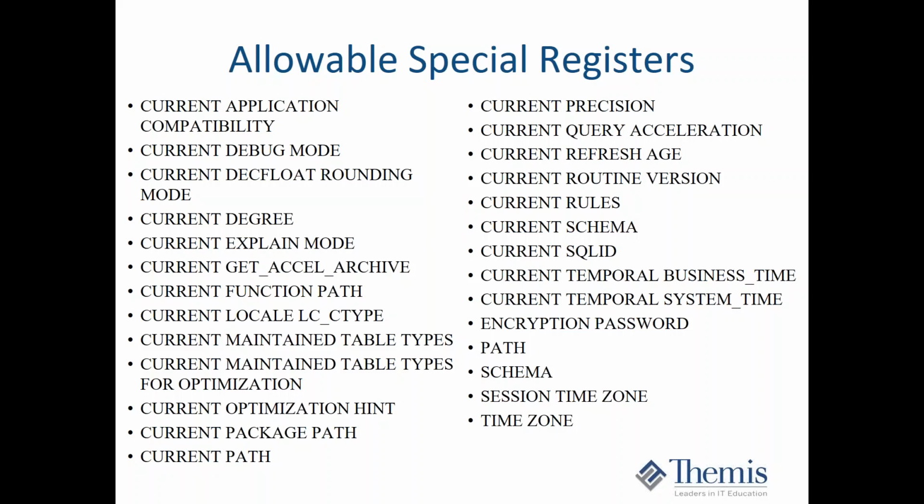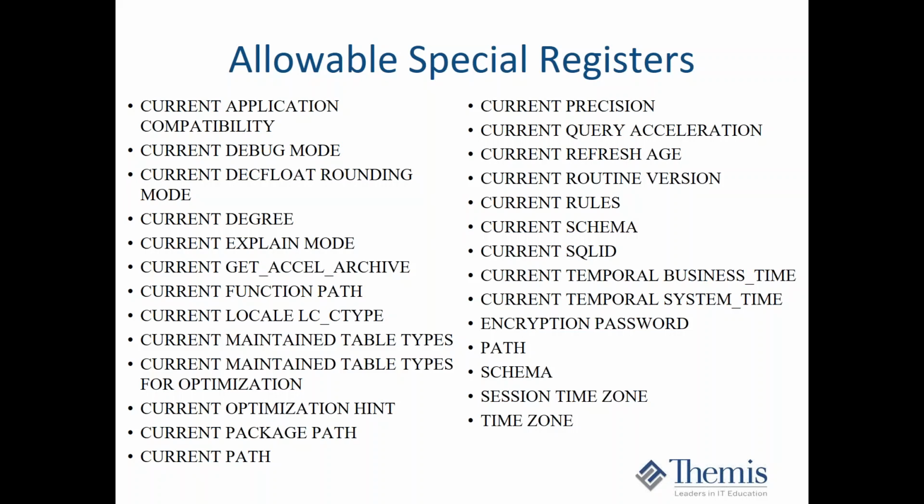You have a few little packages out there that are being called from the distributed environment, and they could take advantage of CP parallelism, but the ZPARM is set to current degree 1, and they were not bound with current degree any. Well, I can set the special register to current degree any and let them get parallelism, because that overrides bind and it overrides the ZPARM default. So I can do these things. I can do overrides.